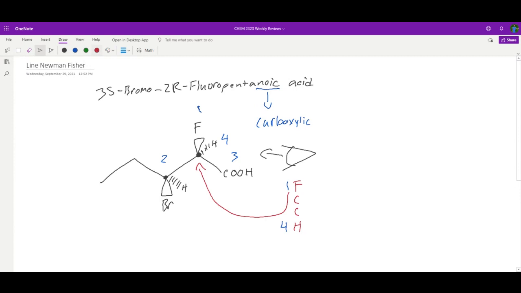So the carbons are bonded to what? Let's say this is the carboxylic acid one. This one is bonded to an oxygen, an oxygen, and a hydrogen. The other carbon is bonded to a bromine, a carbon, and a hydrogen.